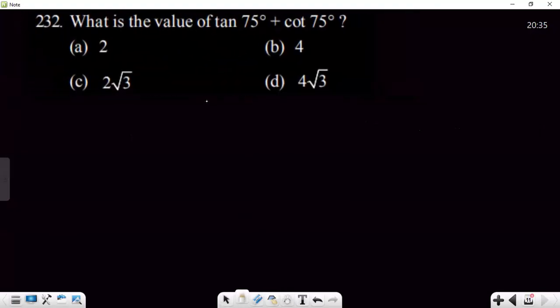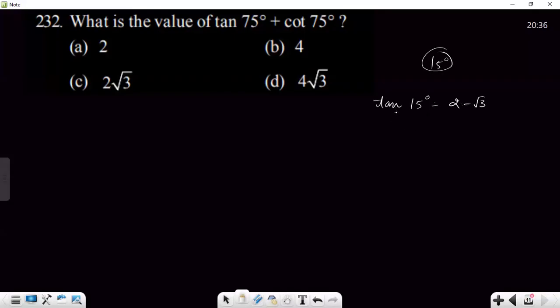We have to find out the value of tan 75 degrees plus cot 75 degrees. We are aware about the values of 15 degrees. Tan of 15 degrees is what? 2 minus root 3.